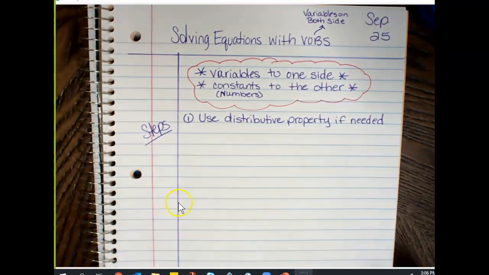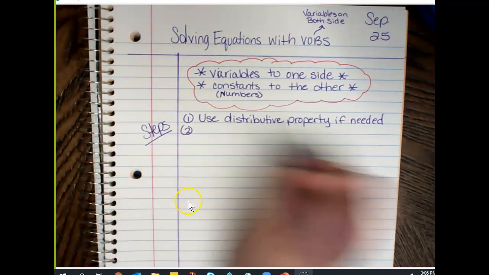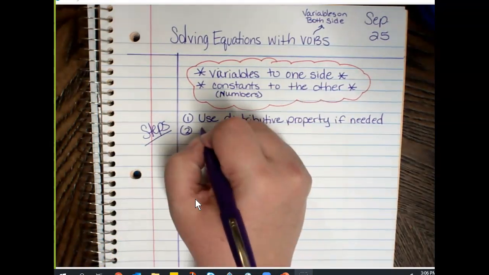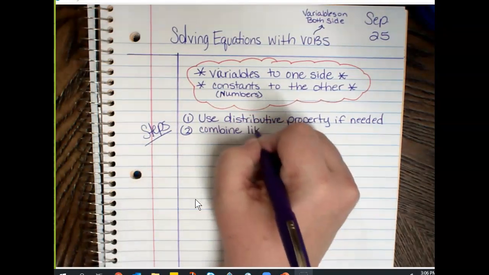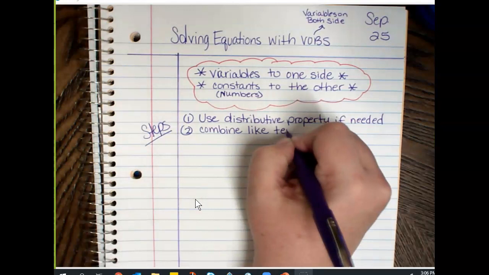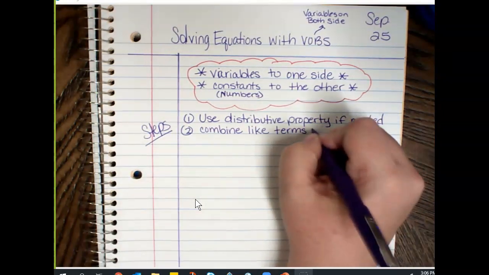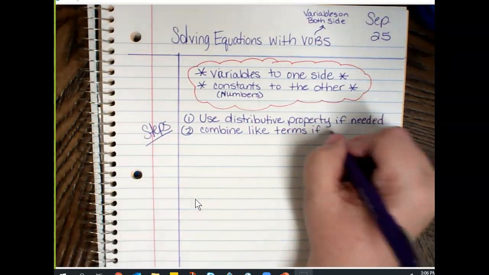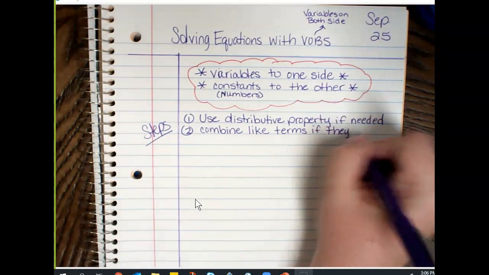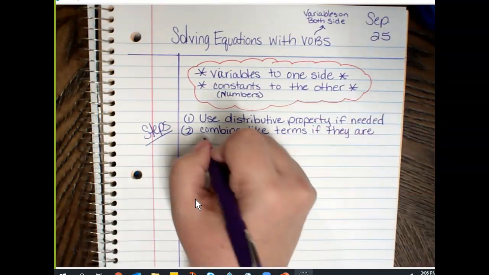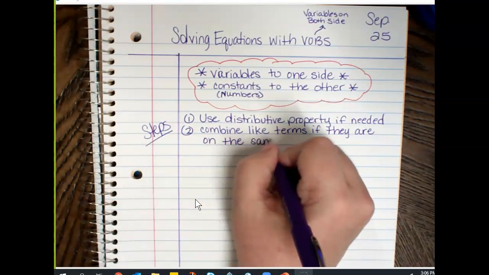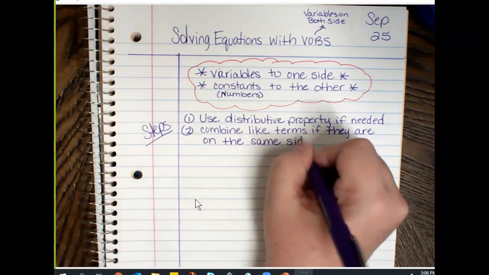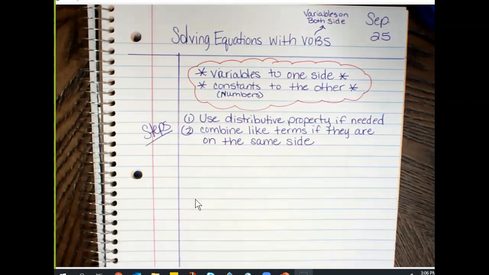All right, step 2. We're also going to check to see if we can combine like terms. Combine like terms if they are on the same side. So if they're on the same side of the equation, and we need to, we will combine like terms.